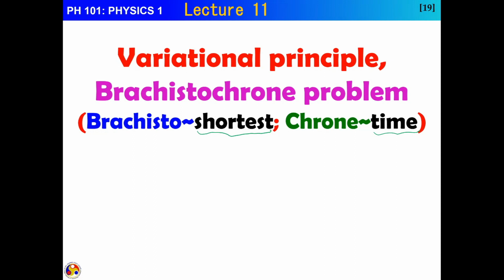Now, if you look at in science, particularly in mathematics, the variational principle is a method that enables a problem to be solved using calculus of variations, which basically talks about finding functions that optimize the values of quantities that depend on those functions.